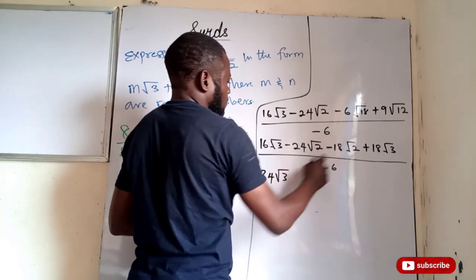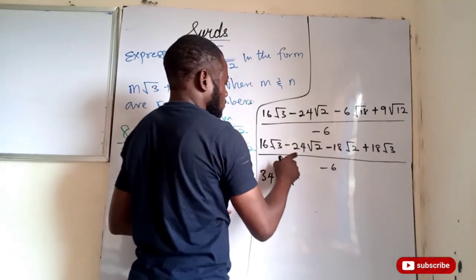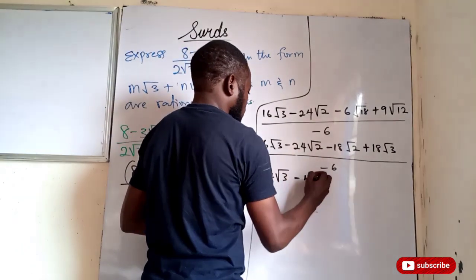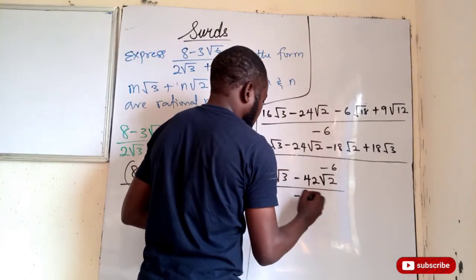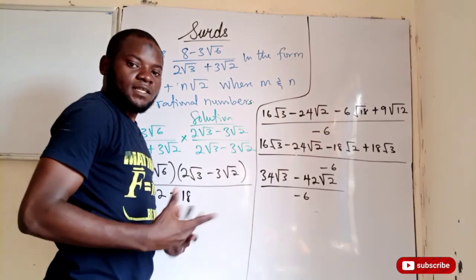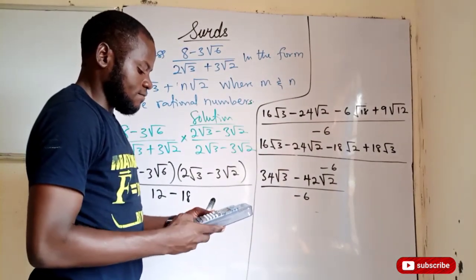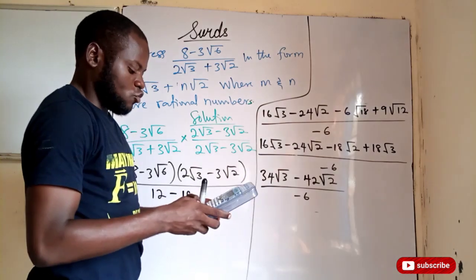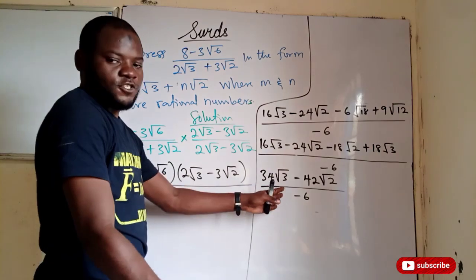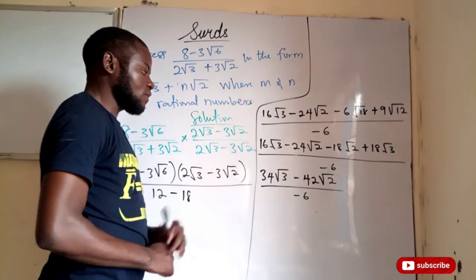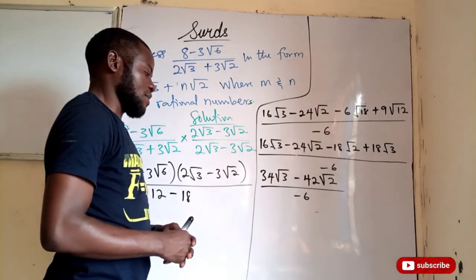And this will also give us 42, so we have 42 root 2 divided by negative 6. Let's confirm our addition. 16 plus 18, that's 34. 24 plus 18, that's 42. Correct. We cannot add or subtract these two together.